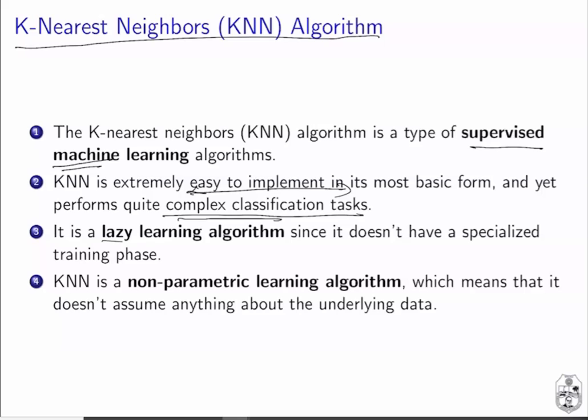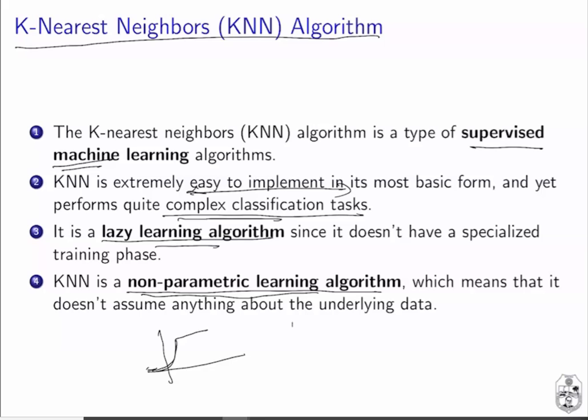It is a lazy learning algorithm, meaning that there are no separate train and test phases. During the test phase, it goes on learning the rules of the classification. KNN is a non-parametric learning algorithm, meaning that it does not make any kind of assumptions. Like in the case of logistic regression, we assume the shape of the function is like this.